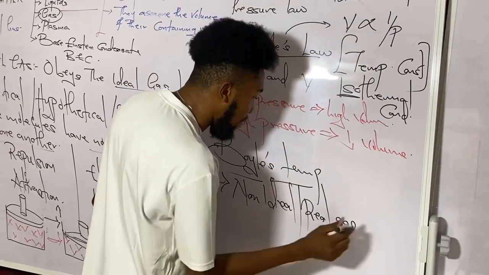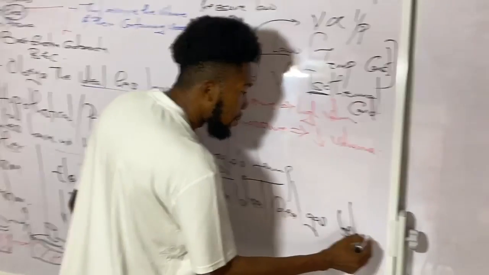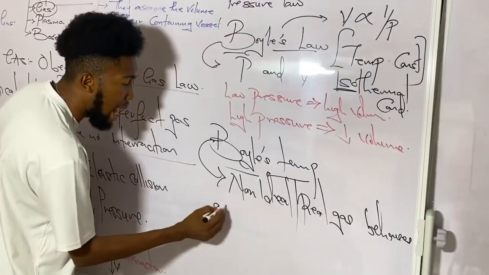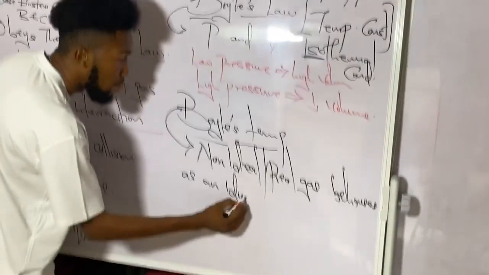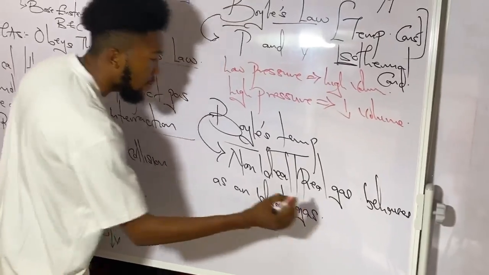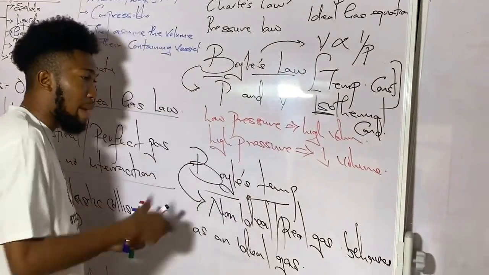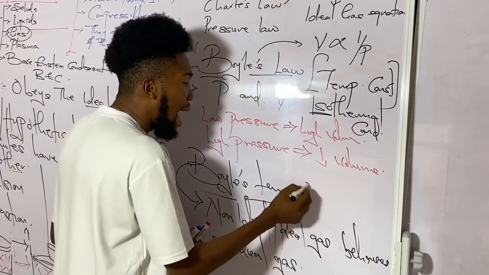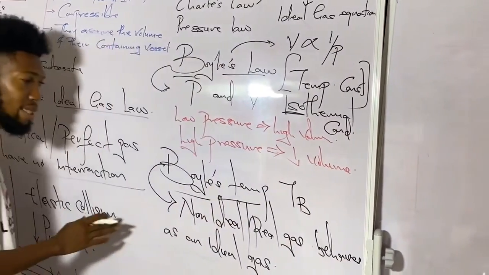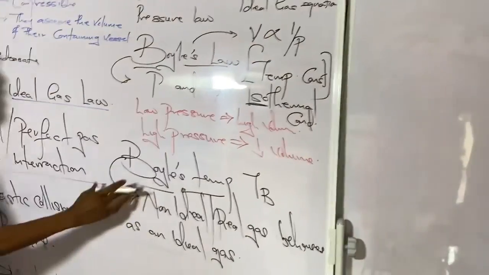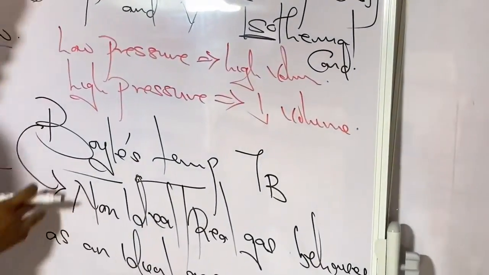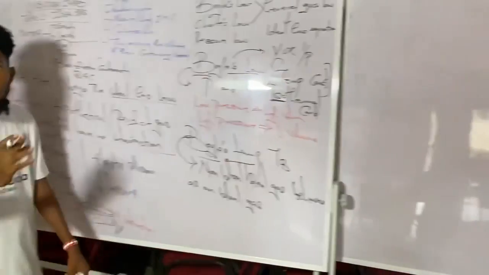Will begin behaving, or we can say behaves as an ideal gas. Do you get that now? So Boyle's temperature is that temperature. We represent it as what? As TB. Boyle's temperature is that temperature in which a non-ideal or real gas behaves as an ideal gas.